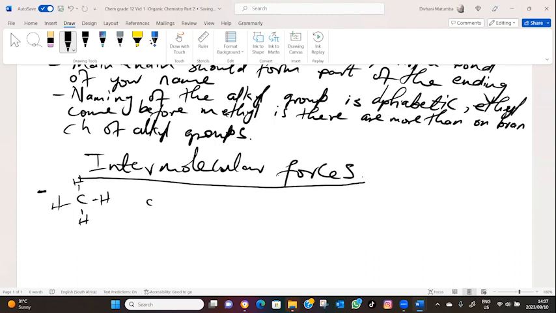But if I put another molecule, the force in between these molecules, that's what we call intermolecular forces.